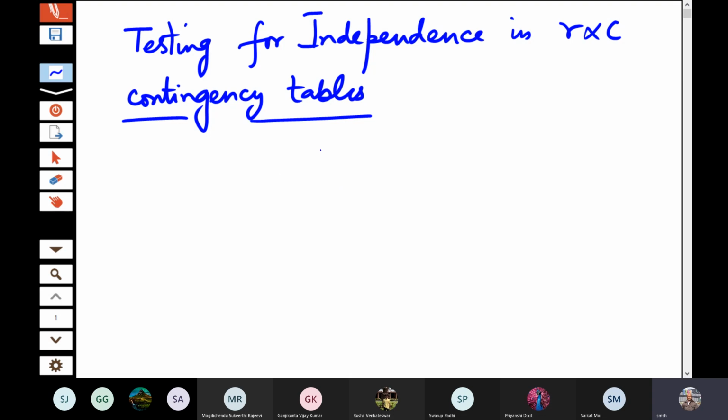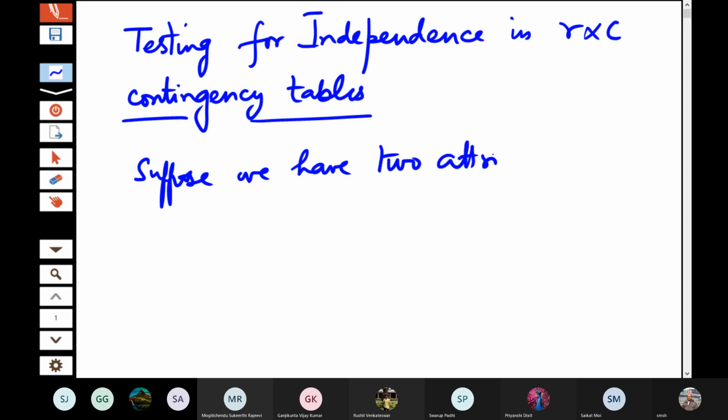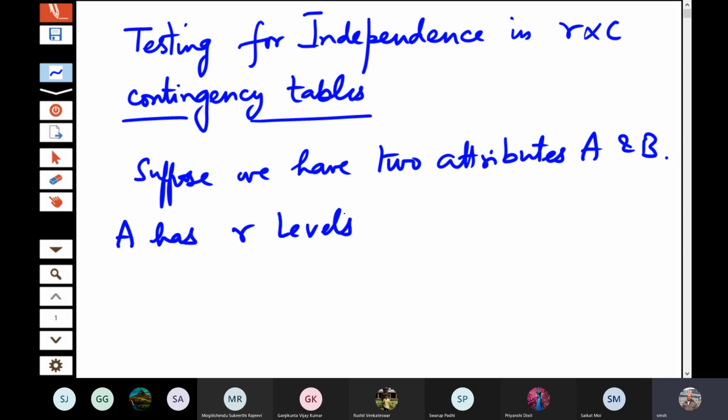So the contingency table will be represented like this: you have say A and B, and A has say R levels and B has say C levels.